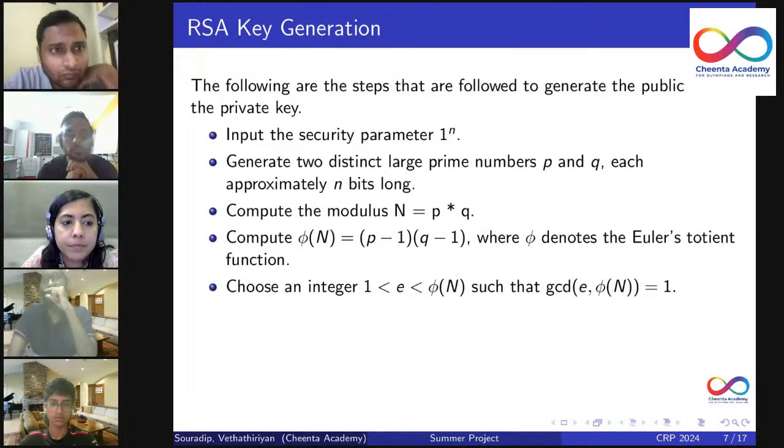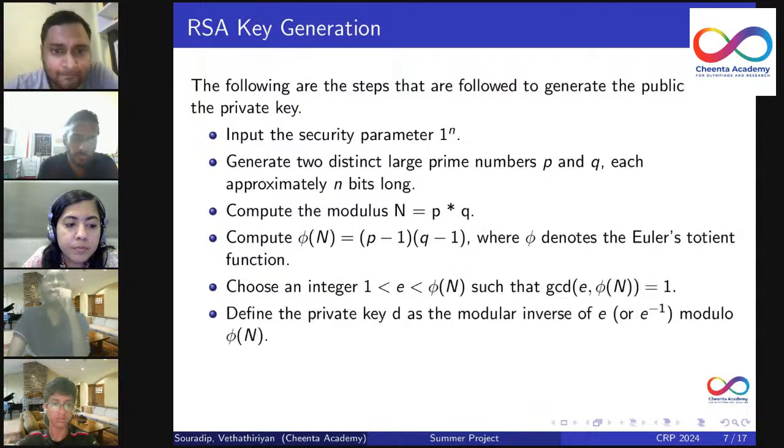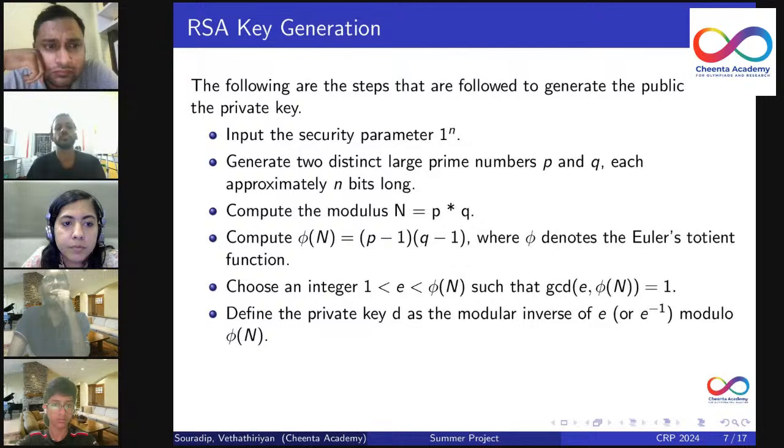Next, we take phi of capital N, where phi denotes Euler's totient function, and this is just (p minus 1) times (q minus 1). Next, we choose an integer e between 1 and phi of N, such that the GCD of e and phi of N is 1.